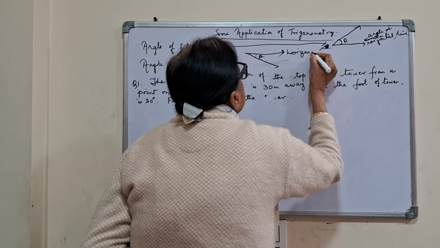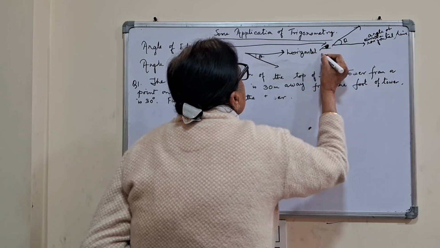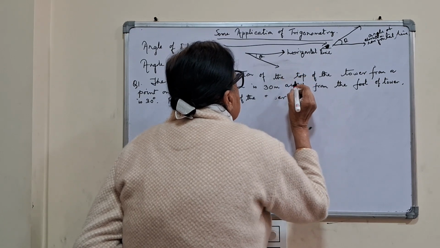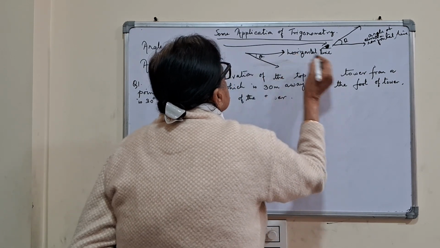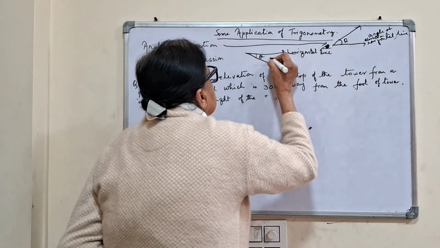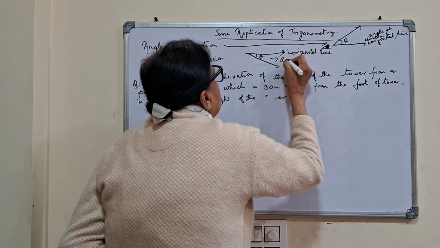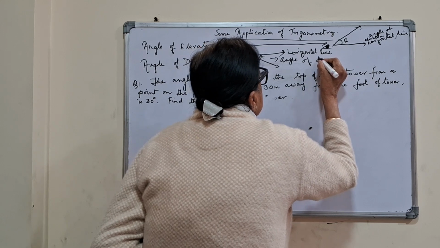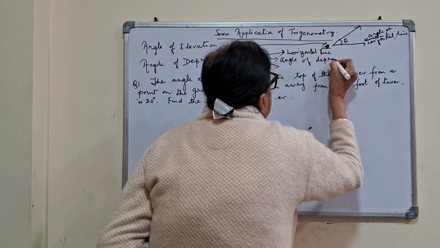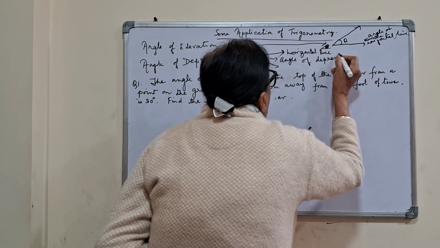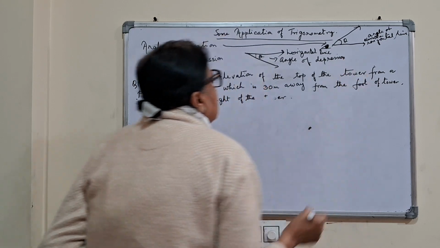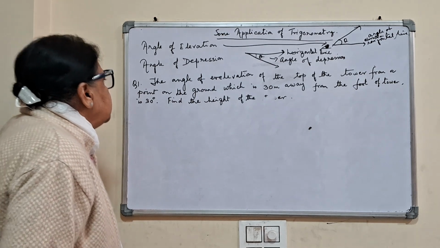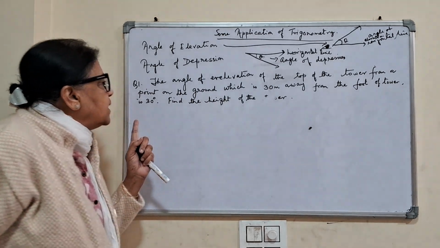This angle is called angle of depression. I'll teach you how to do the sum with the help of these two. Then I give you question 1.